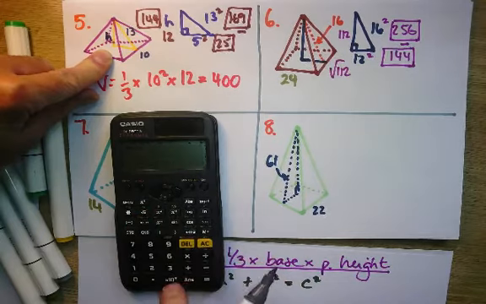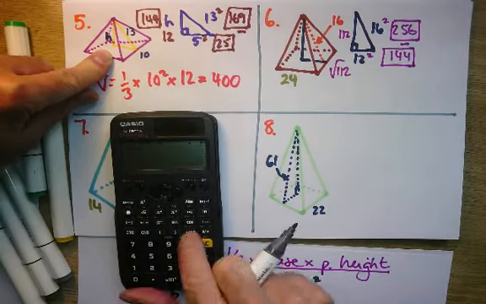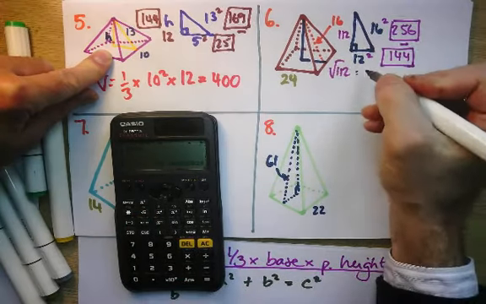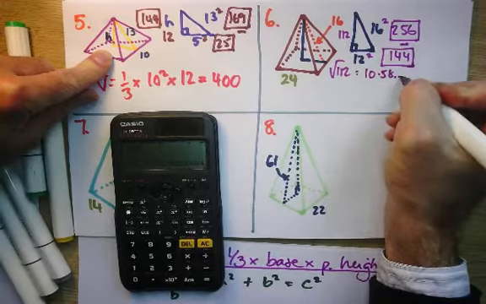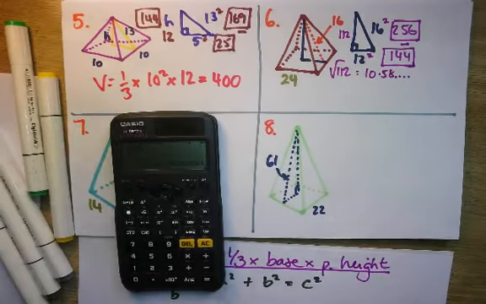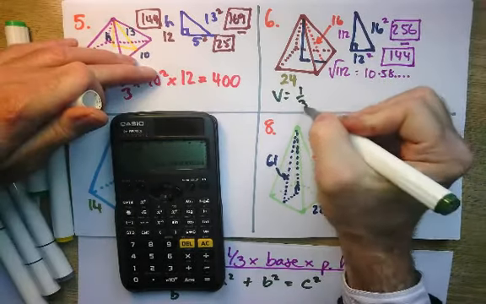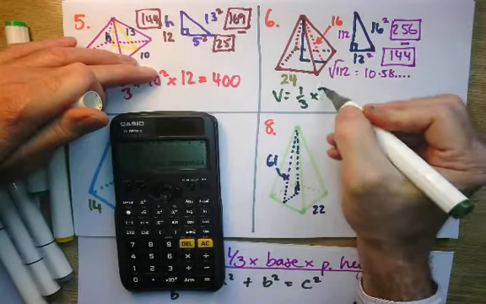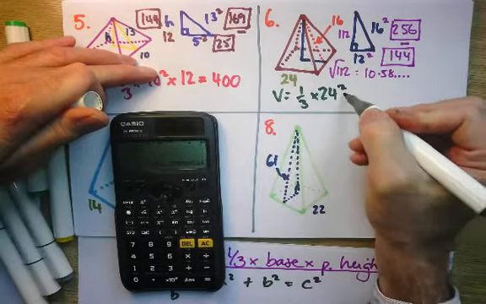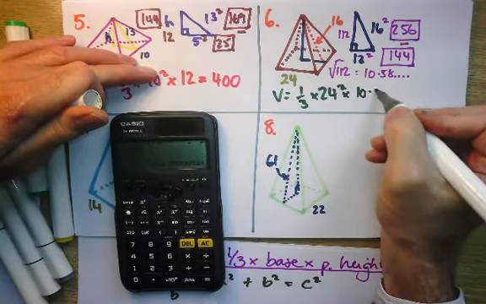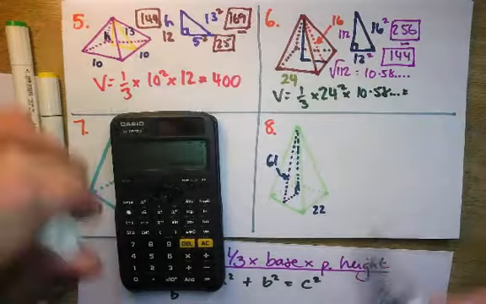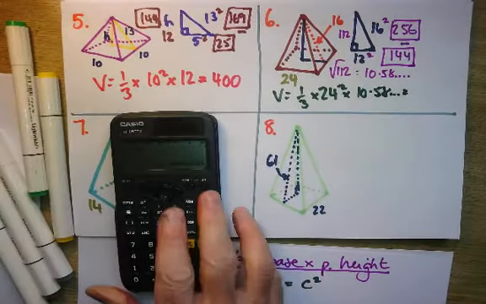So now I need to square root 112. And I get out with a really awkward 10.58... Don't delete it from your calculator, keep it in as it is because you'll need this. Now I've got the perpendicular height. The volume is going to be a third times the base, so it's a square base, so it's 24 squared, times that number there.